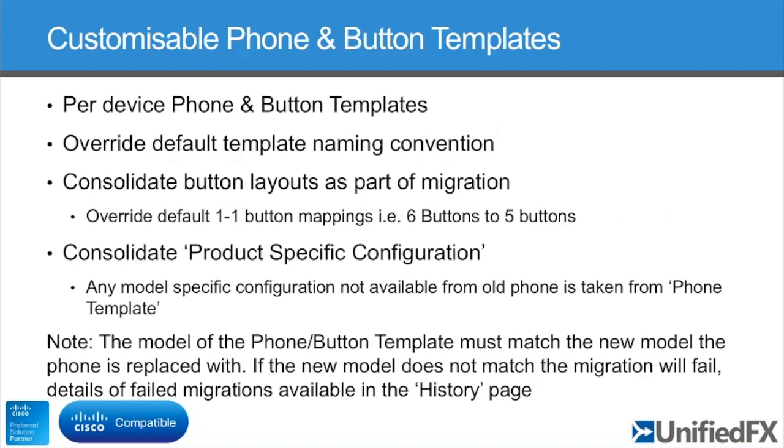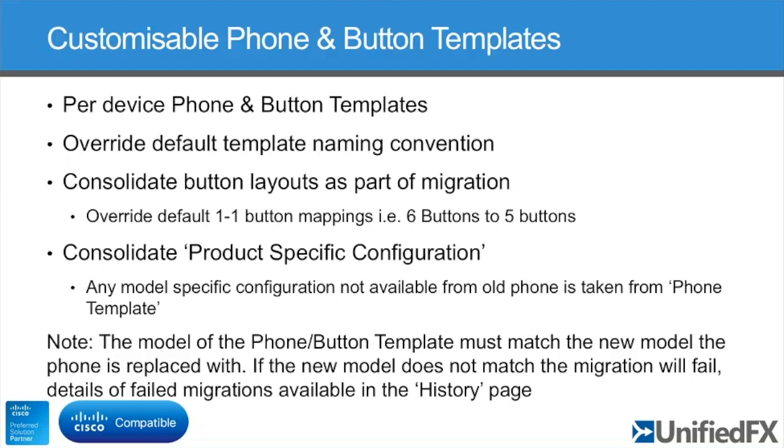The next one is my favorite feature that we've added, and I'll do my best to explain this because it's a little bit complicated. Normally, when you migrate a phone using MigrationFX, in order to make life really simple, we just generate, where necessary, phone and button templates, because you have to have the right model of phone and button template.